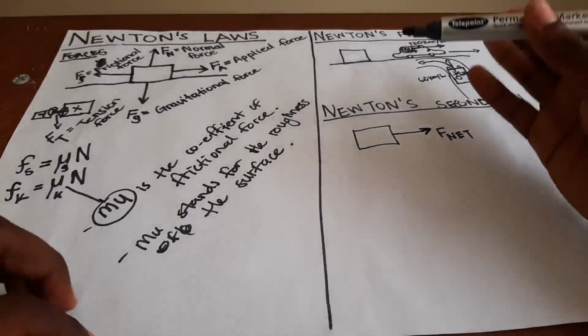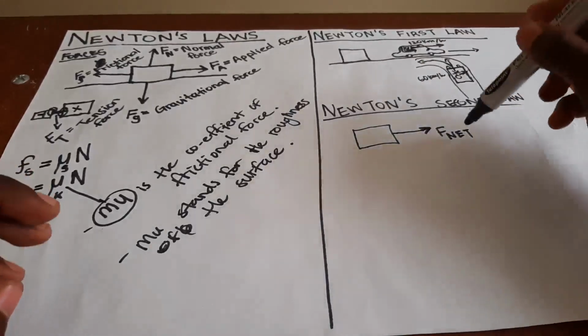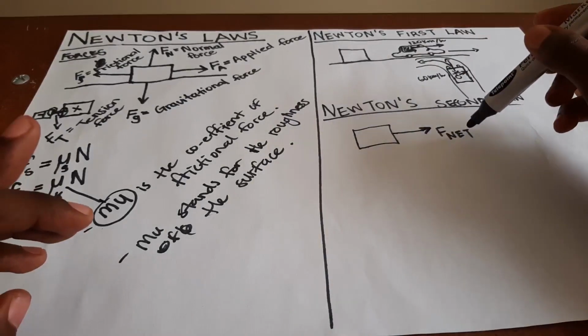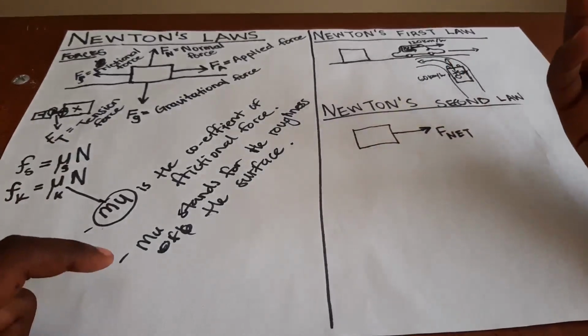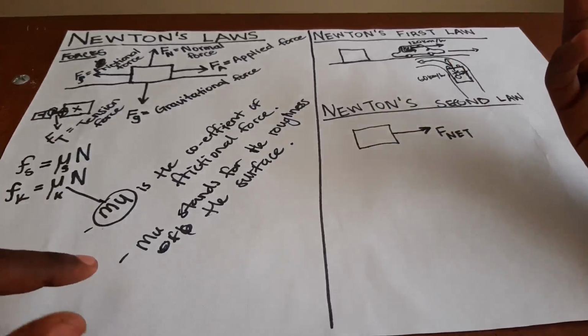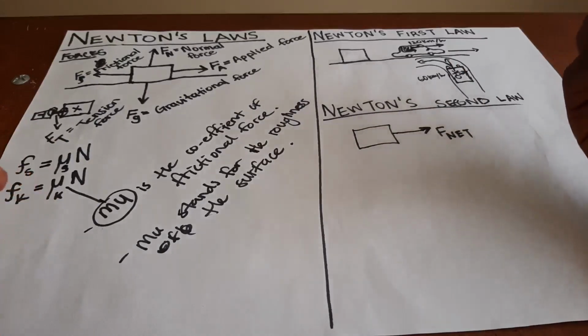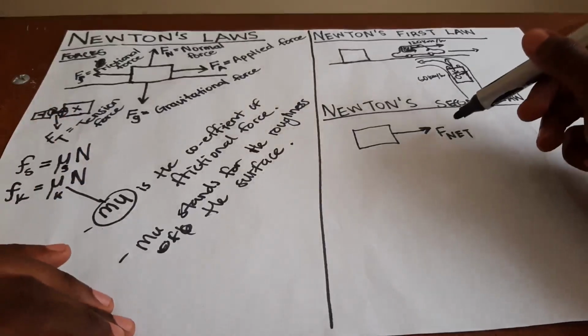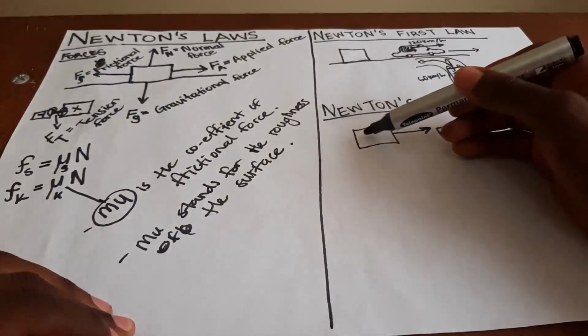So the object will accelerate in the direction of this net force, and the acceleration is directly proportional to the net force and inversely proportional to the mass of this object.